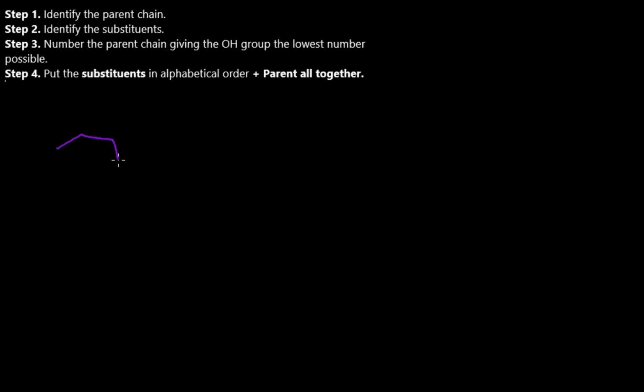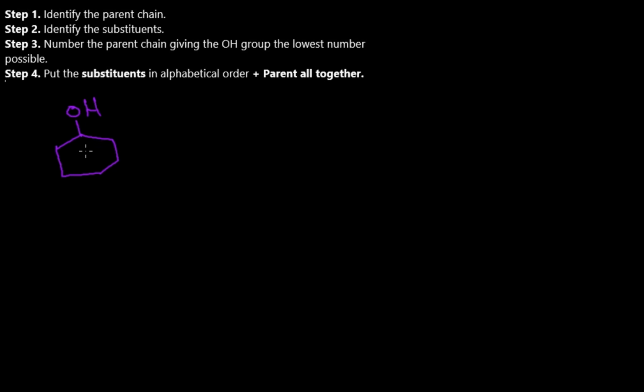What about a cyclic system here? For example, cycloalkane. The cycloalkane or cyclohexane, what if there is a hydroxyl group attached to one carbon of the carbons of the cyclohexane?